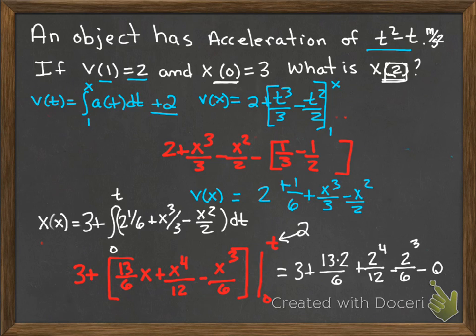And evaluating this without a calculator gets 22 over 3, or 7 1/3. That is our final position at time equals 2.